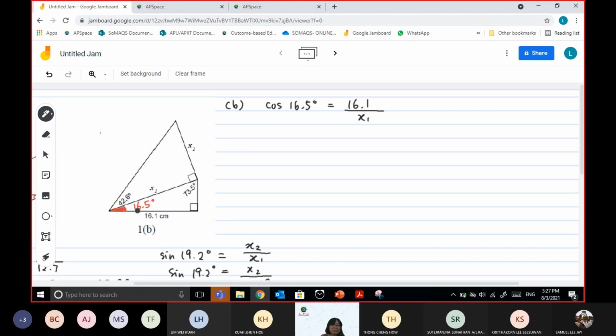By looking at the angle 16.5, we can find x1. Then x1 equals 16.1 divided by cos 16.5.